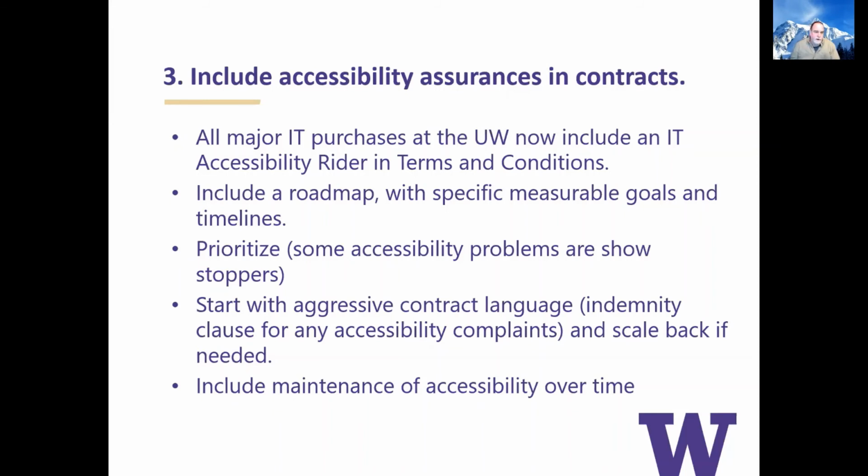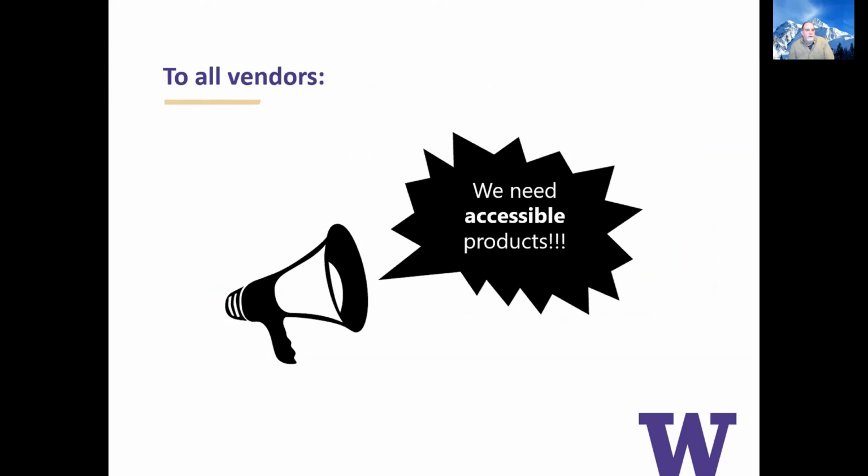And then, of course, we want to include some language in the contract that addresses future versions of what we're asking for. So what Terrell and I would like to encourage everybody here today to do is to push all of these vendors that we're working with for accessibility. We need accessible products. We can't do the work.